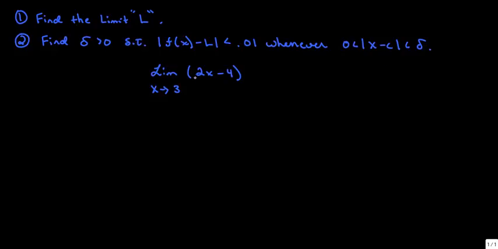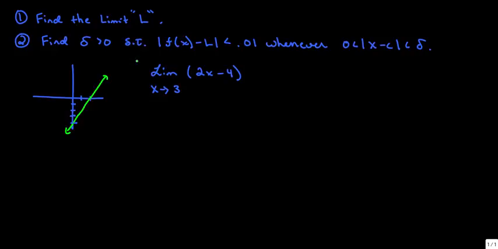So if we graphed this guy out, the 2x minus 4, just looking at the graph of it, we're going to see that this is down 4 with a slope of 2. So it's going to look something like this.